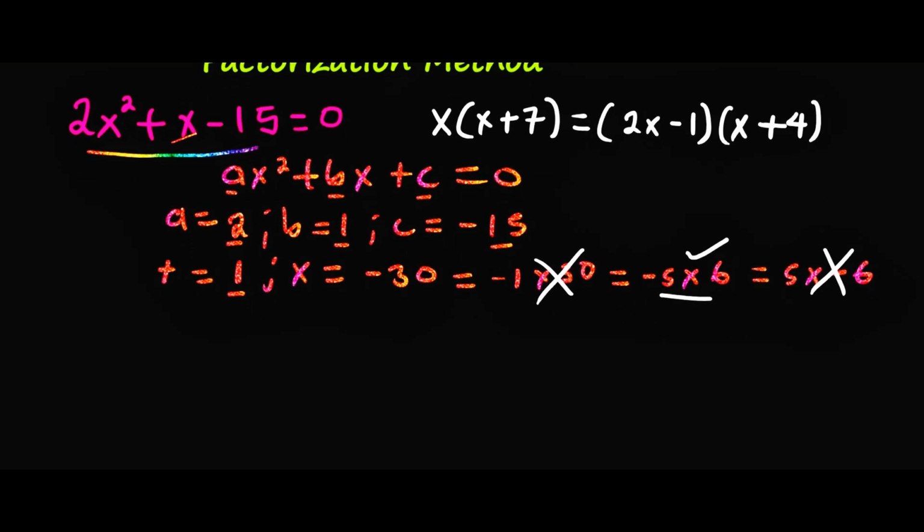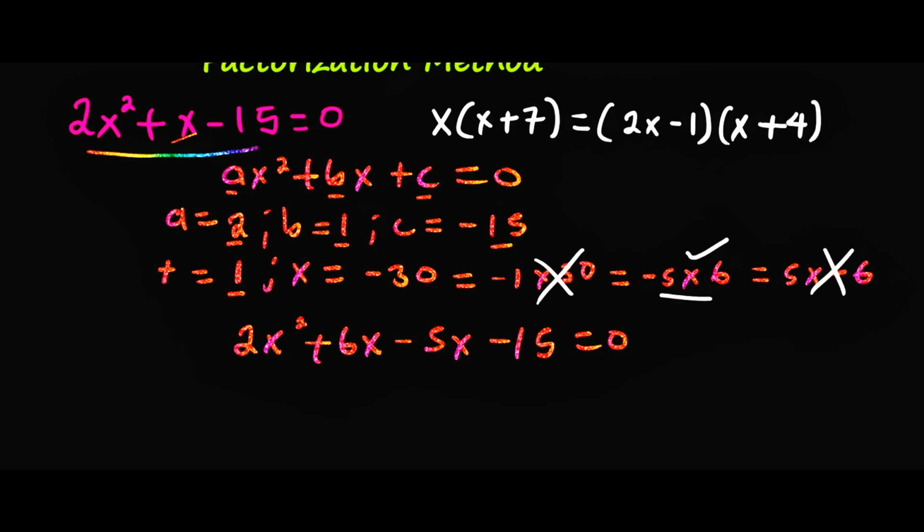So you write the equation as 2x squared now plus 6x minus 5x minus 15 is equal to 0. Remember, we have split x into 6x and negative 5x. Now all we need to do is look for the common factor between these two.